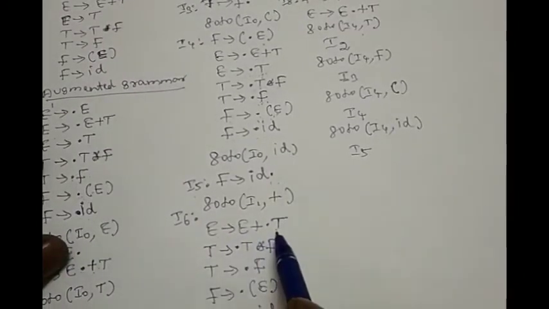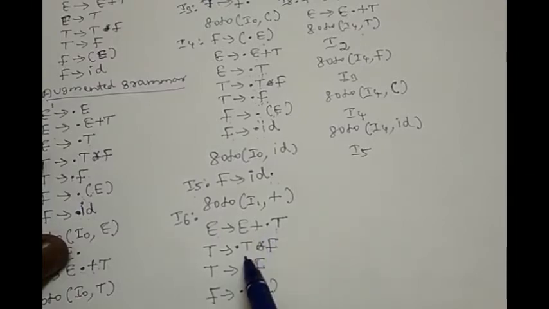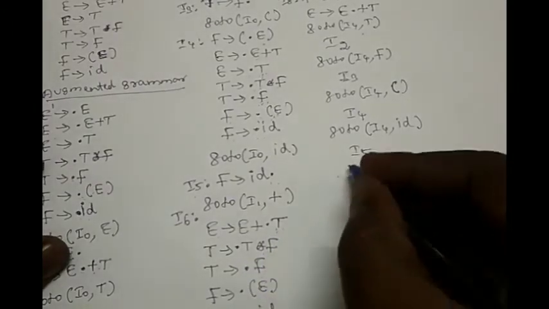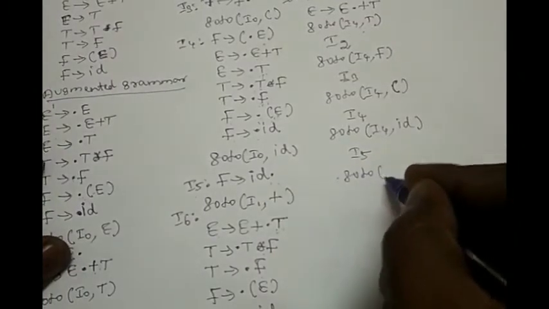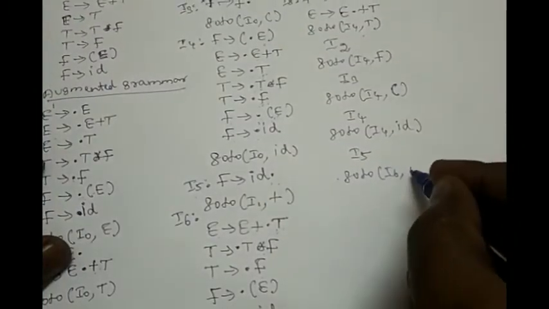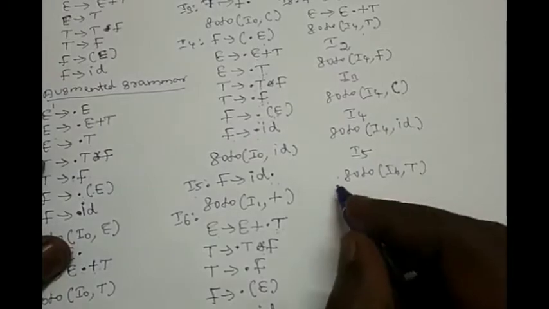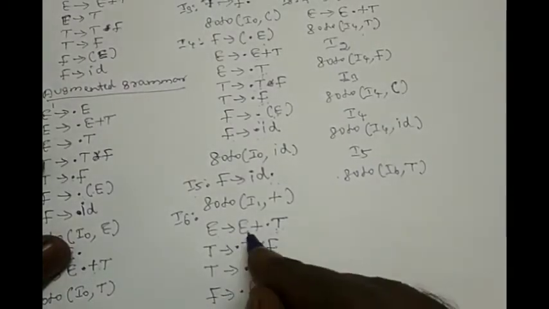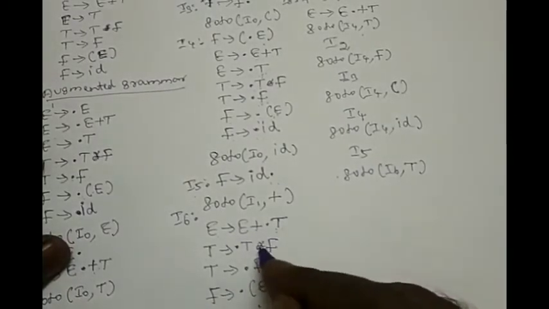When I come to I6, dot is before T in two instances, in the first production as well as in the second production. You are supposed to process these two. So I write it as go to of item set 6 comma T. You have to process these two productions because dot is before T in these two productions.